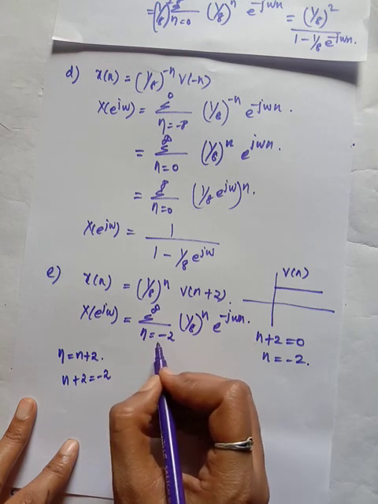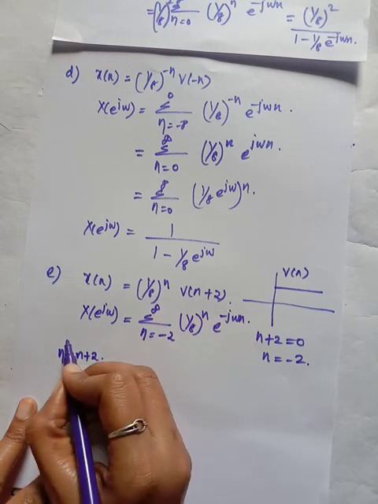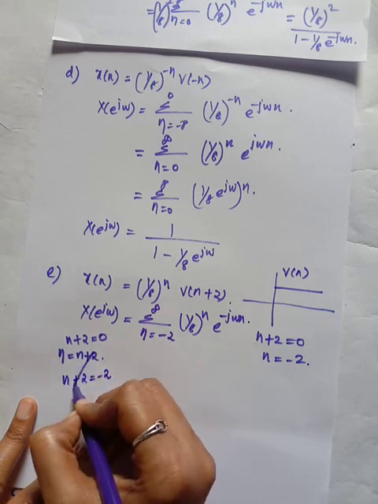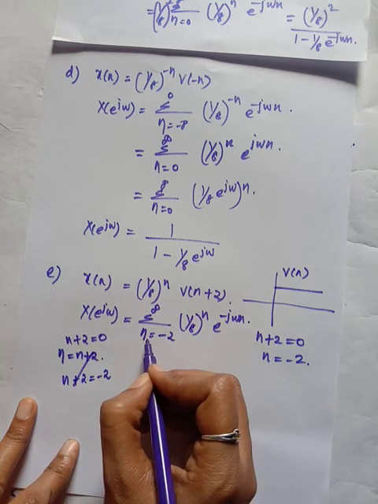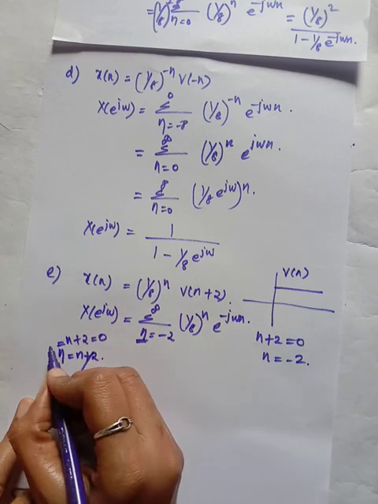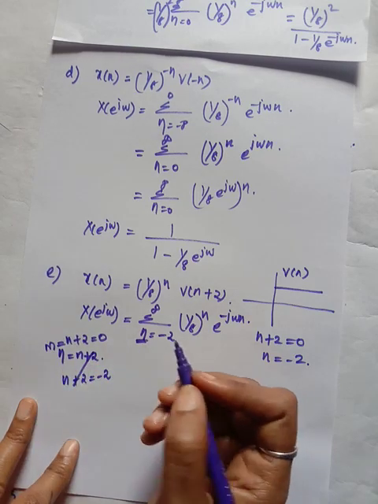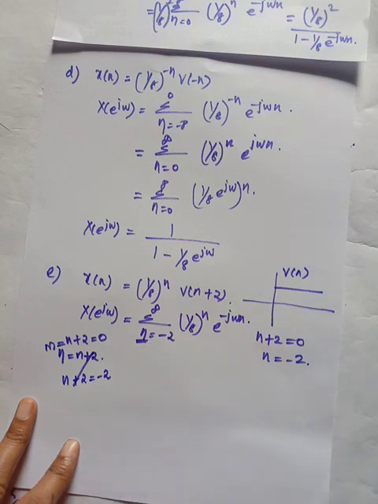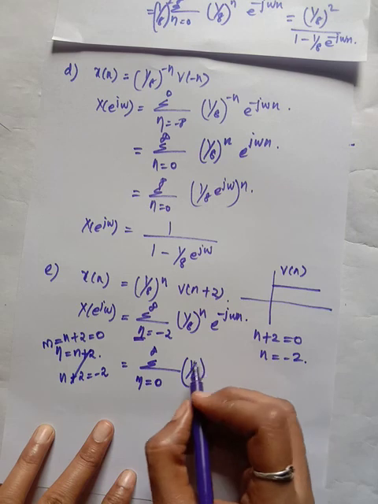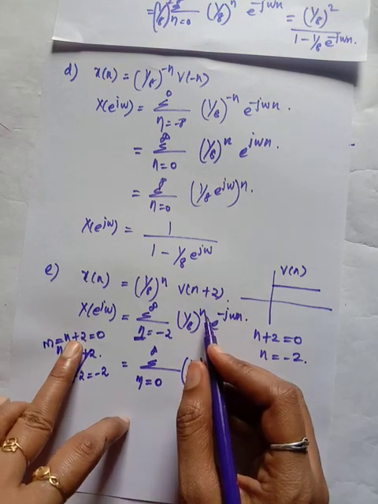So this can be written as n plus 2 is equal to 0. For this n plus 2, I am going to take this as some term m, so that I can substitute here. So instead of n, I am going to write m.